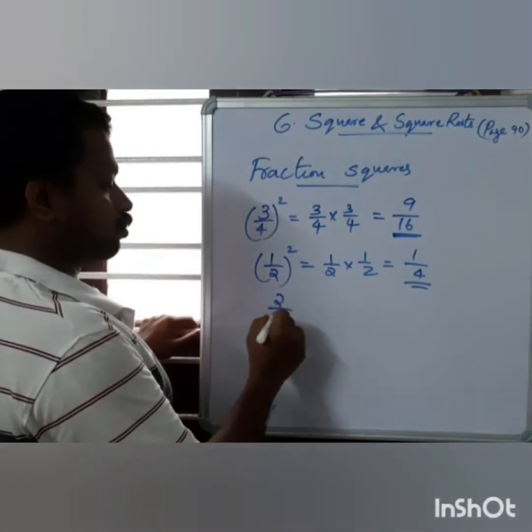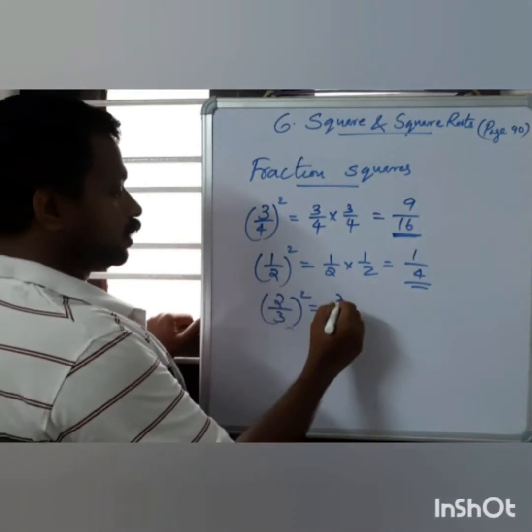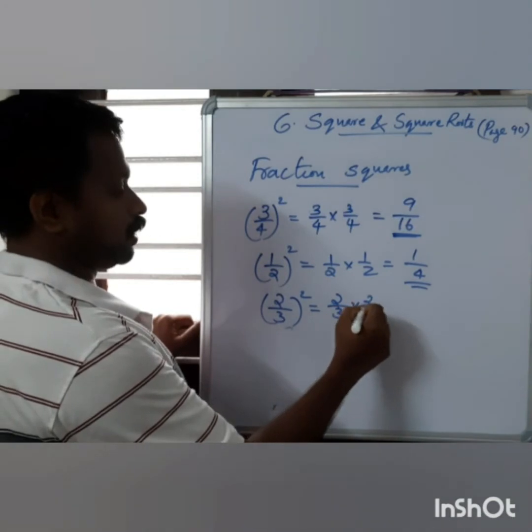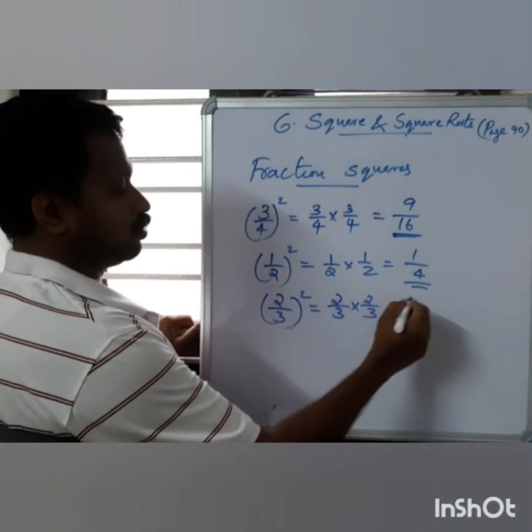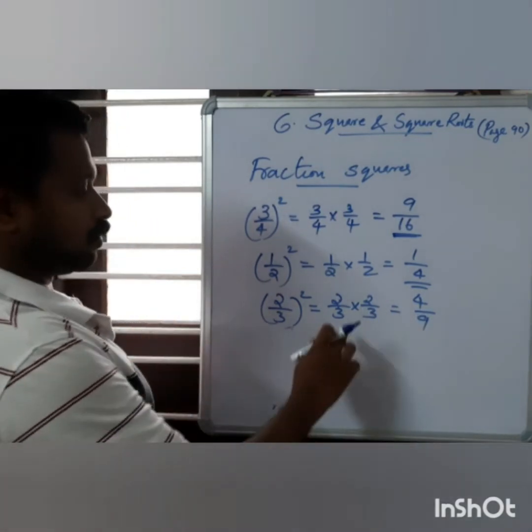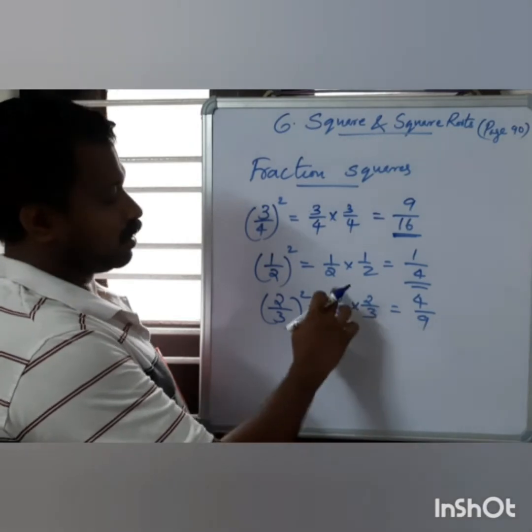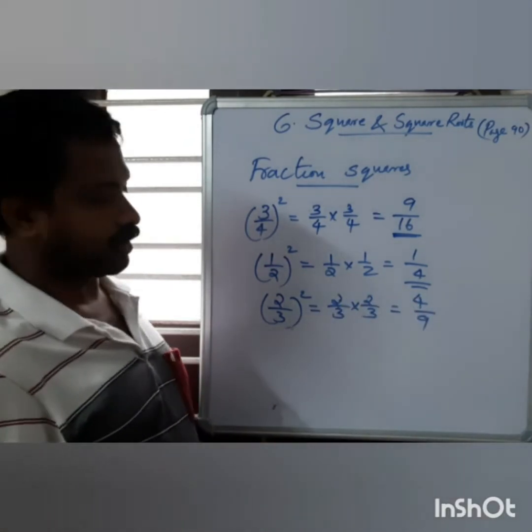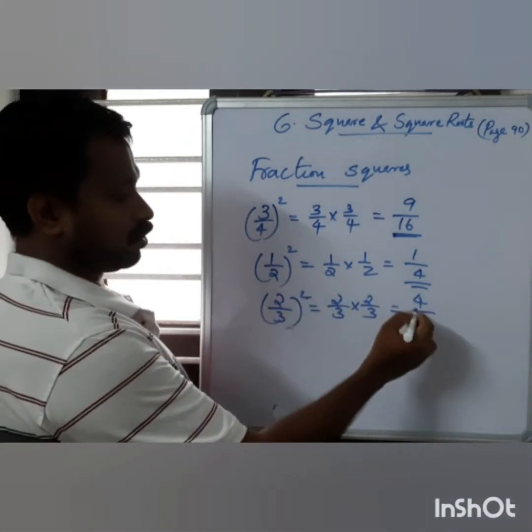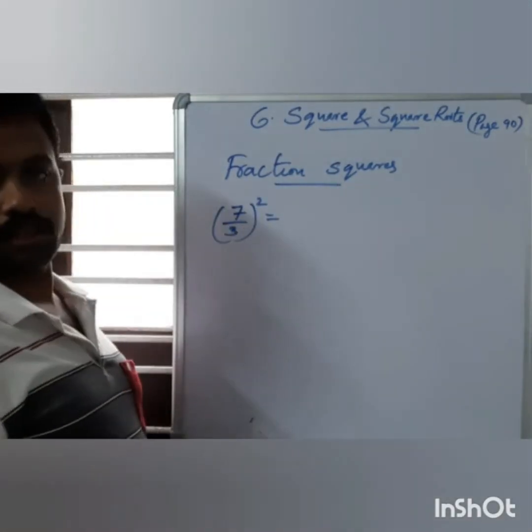Next, 2 by 3 square. How do you find out? 2 by 3 into 2 by 3. So it is 2 into 2, 4, 3 into 3, 9. So if it is multiplication, the denominators are multiplied and the numerators are multiplied. So 2 by 3 square is 4 by 9. 7 by 3 square.